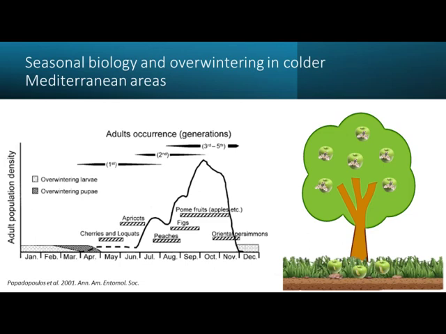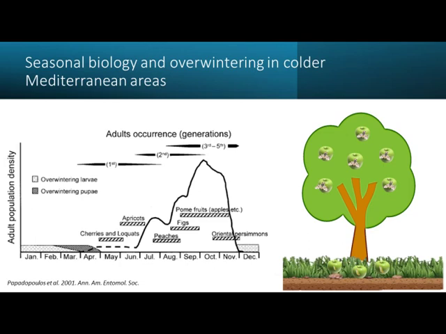This was part of my PhD thesis, to study the overwintering of medfly in northern Greece. Northern Greece, the area of Thessaloniki, is quite cool because it receives cool air from Central Europe. What we have shown in these studies is that medfly overwinters inside the infested fruits that are the last to be infested in autumn.